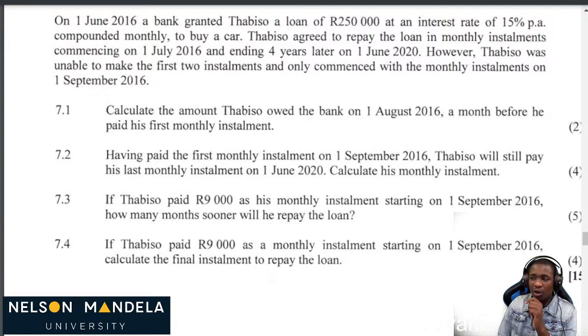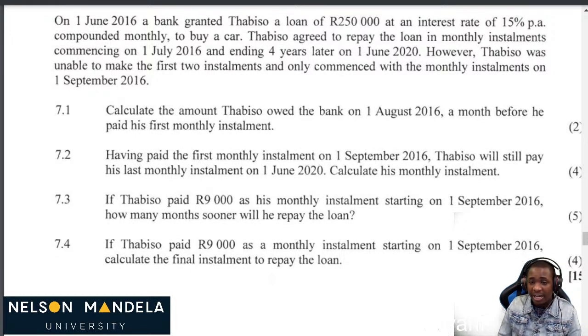Take note of that. It's compounded monthly, to buy a car. A bank granted Thabiso a loan. Also underline that. So as I'm reading, please take note of the way I'm reading. The first time you can just read it through.